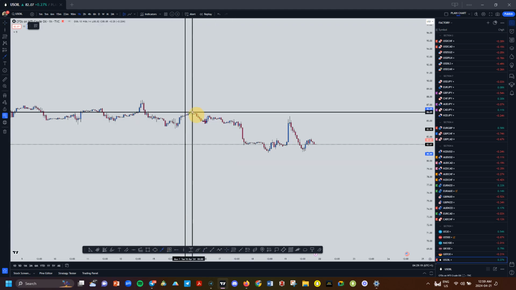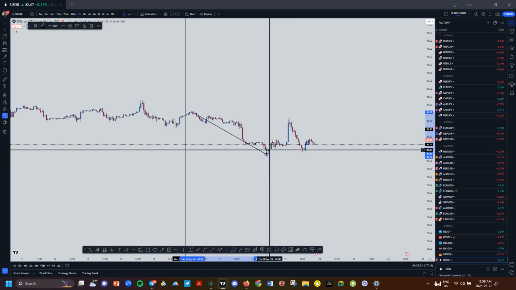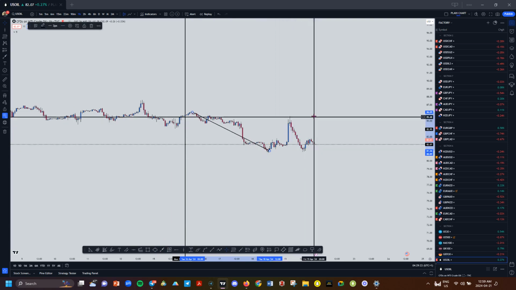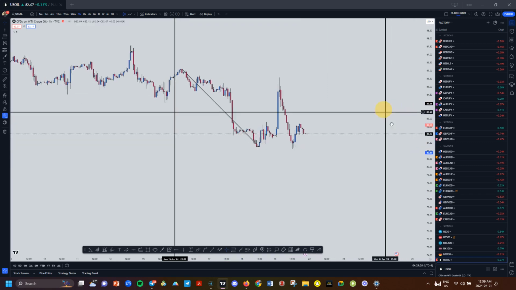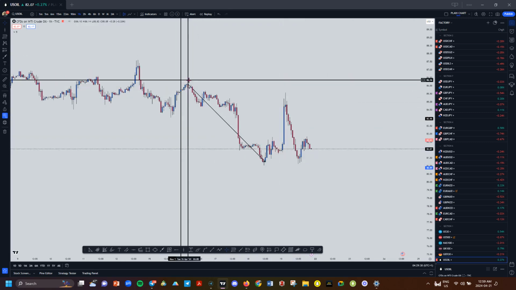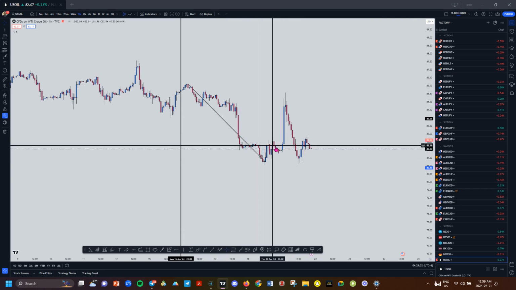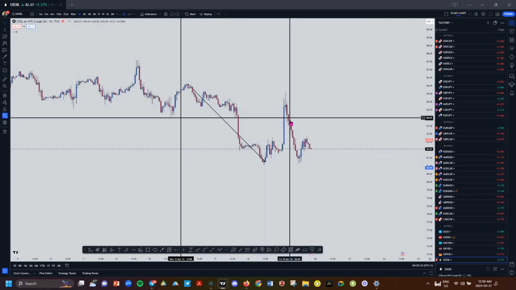We had a big dump here, consolidation, big push, and price pushing back down, which presented multiple trading opportunities. Like we had price dumping all the way here, a head and shoulders push.